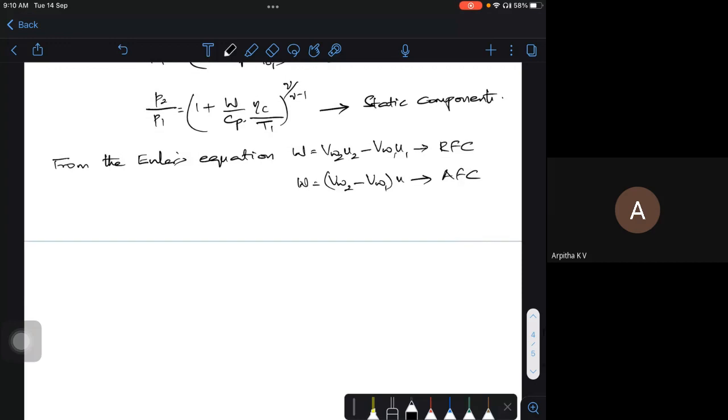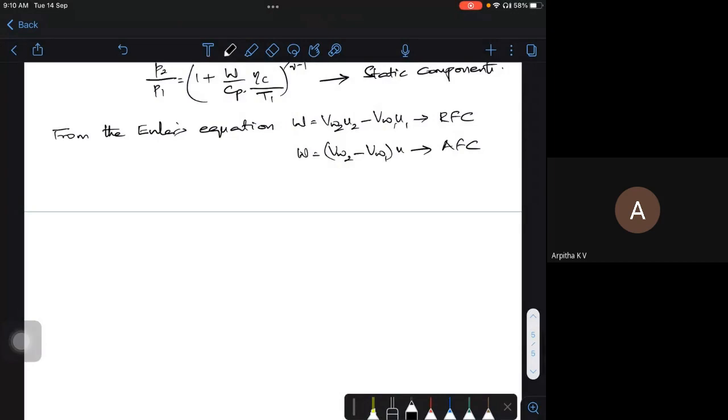That is, if my whirl at the inlet is zero, I have a special case where there is no whirl at the inlet.